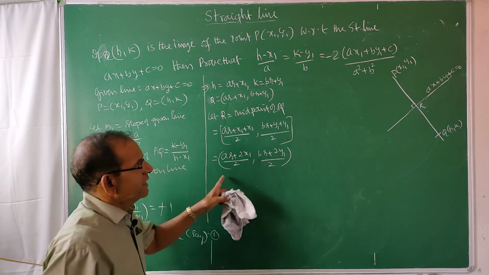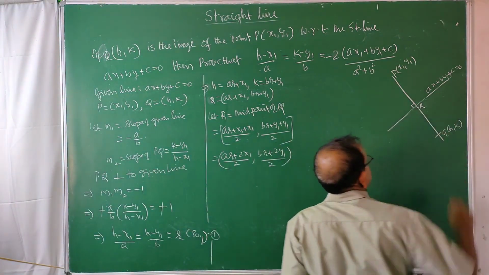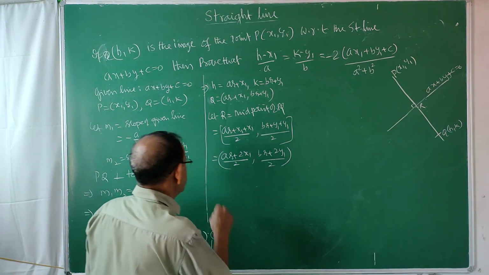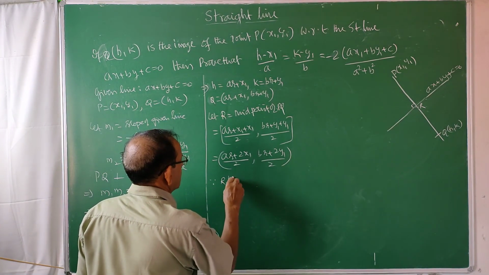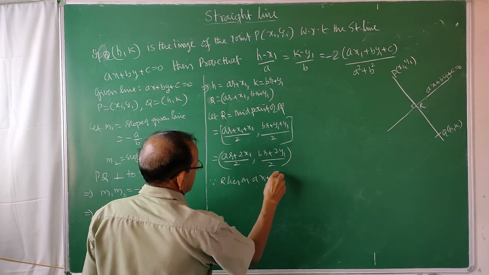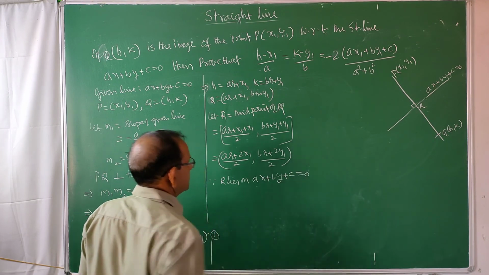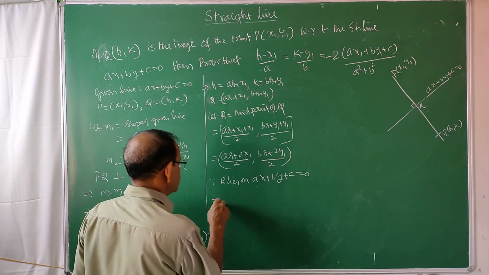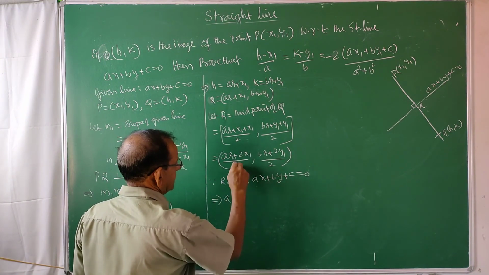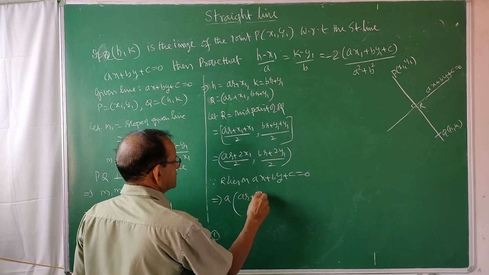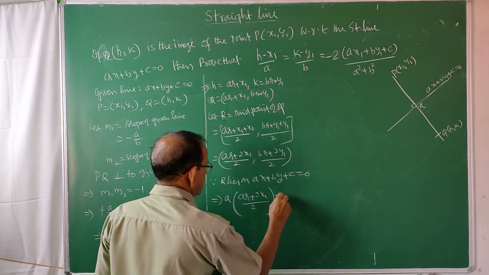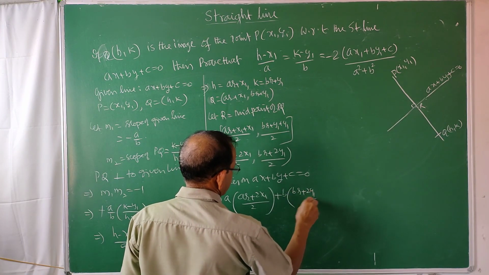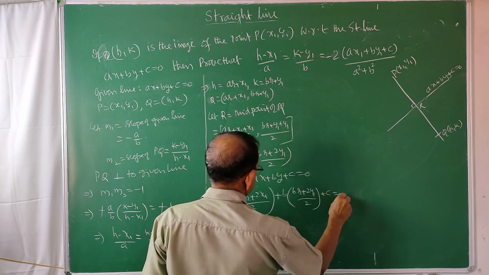This point R lies on that line, because midpoint of that PQ must be a point on the line AX plus BY plus C is equal to 0. Since R lies on AX plus BY plus C is equal to 0, substitute x and y values for these two. That implies A into x value, AR plus 2x1 by 2, plus B into y value, BR plus 2y1 by 2, plus C is equal to 0.